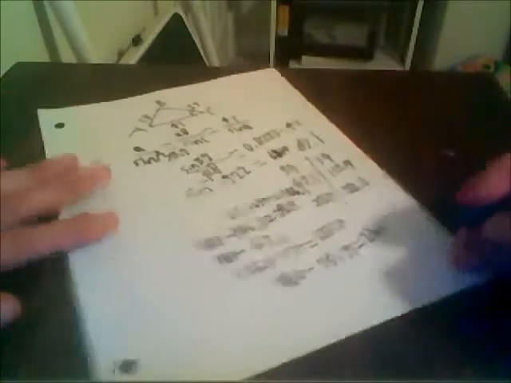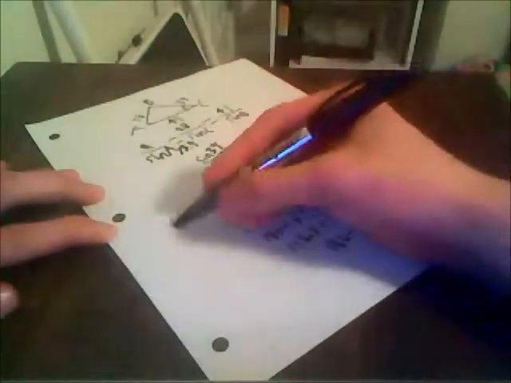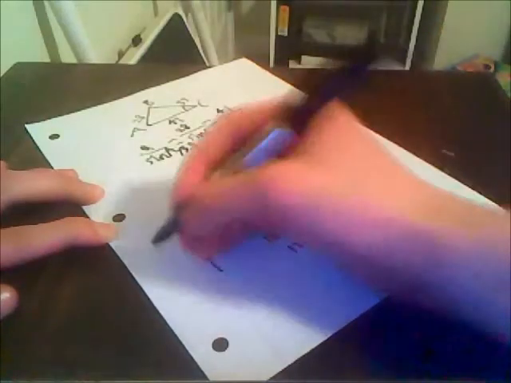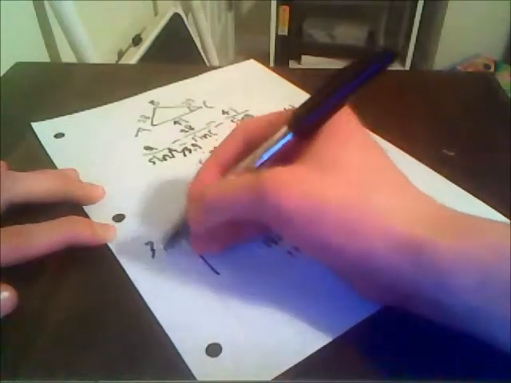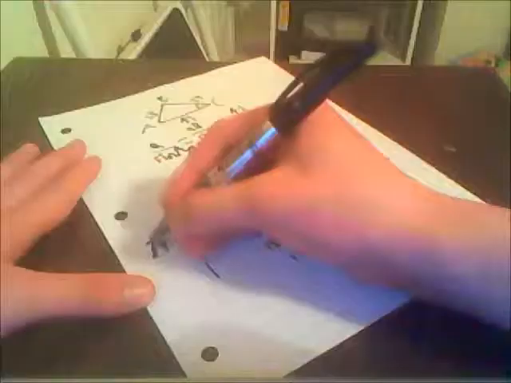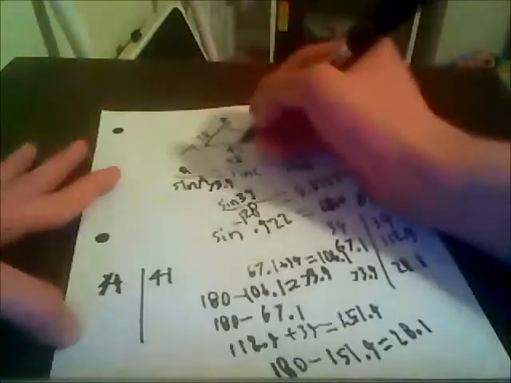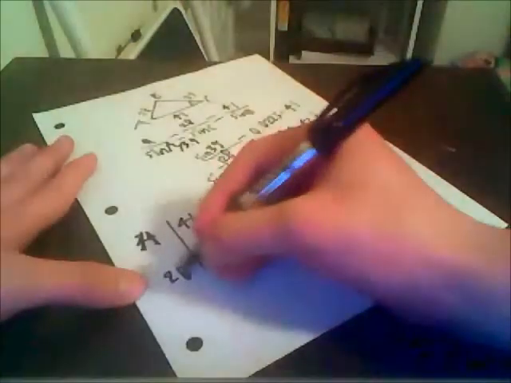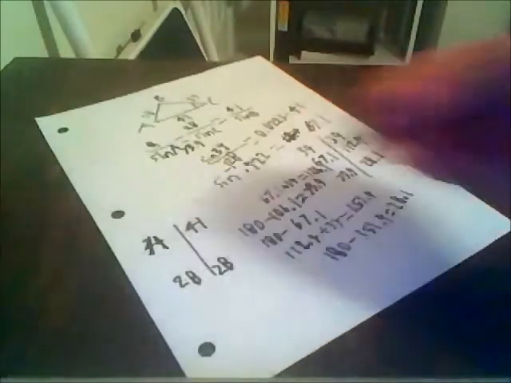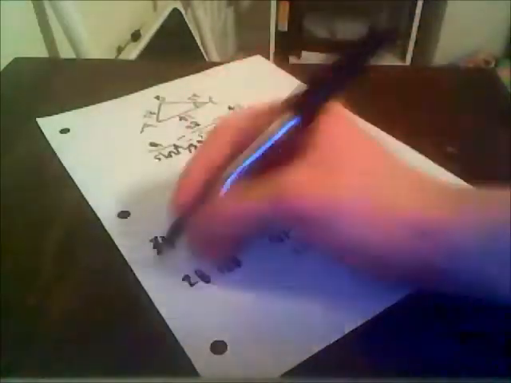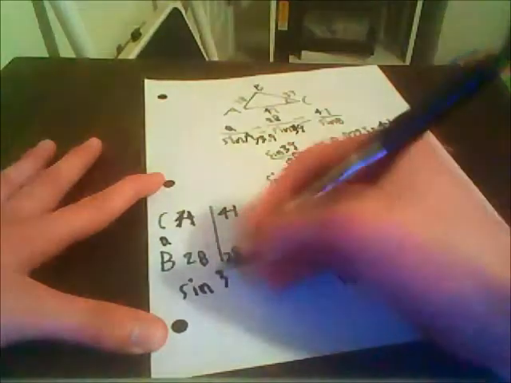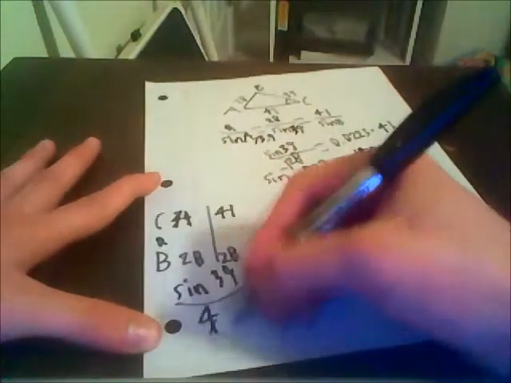You have to complete the sides. So we already know 39, 41, because we already have them up here, 41 and 28. So now we have to find A. 39 over 41.